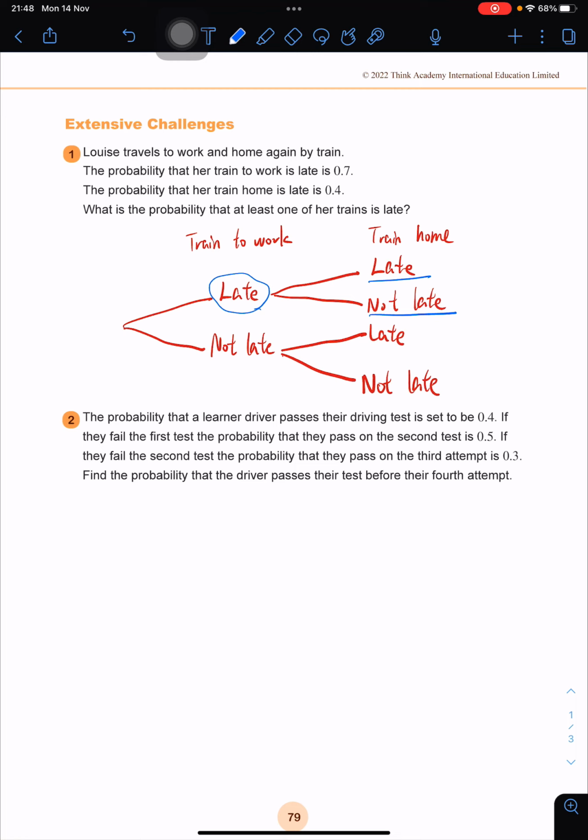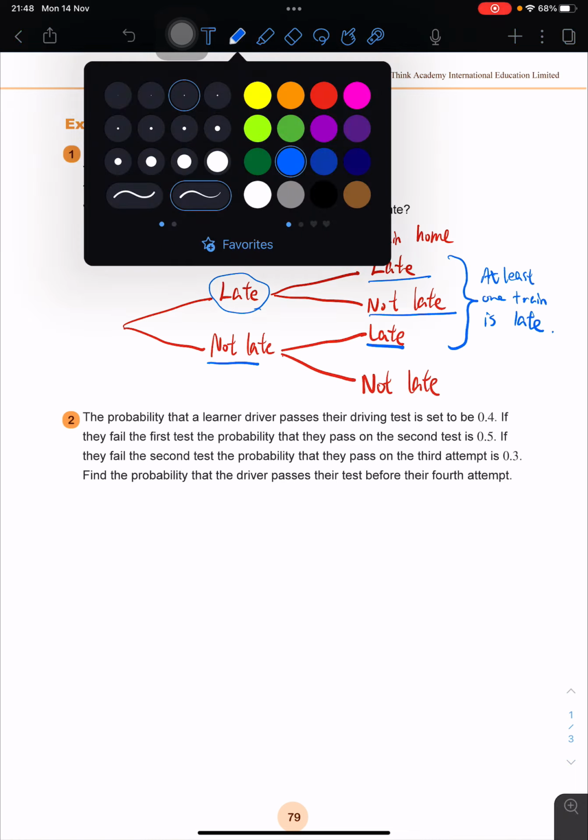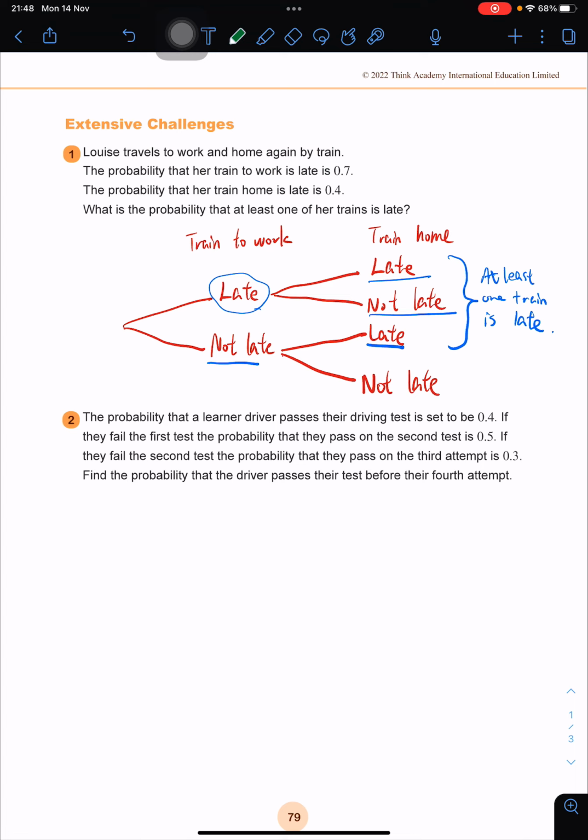And even if the train to work is not late, if the train home is late, then of course at least one of her trains is late. So for these three cases, at least one train is late.